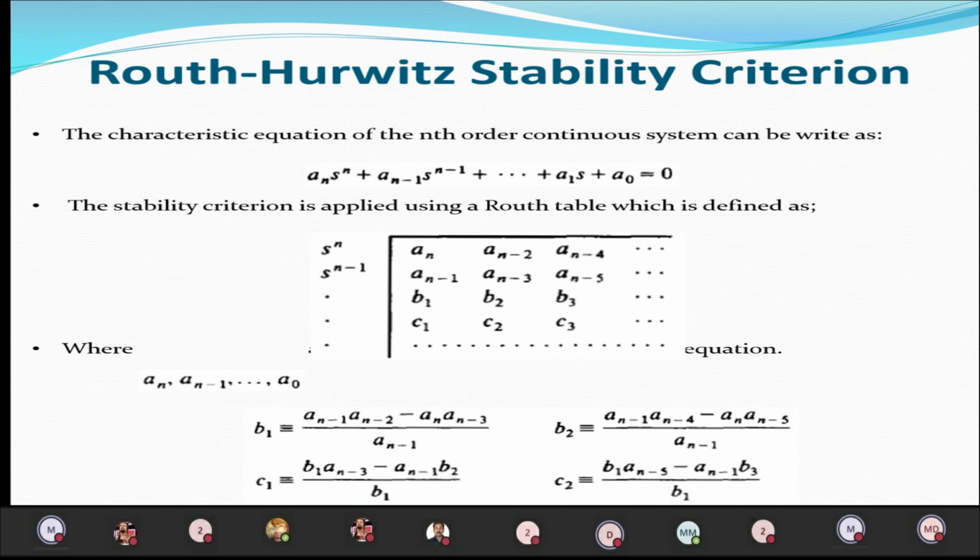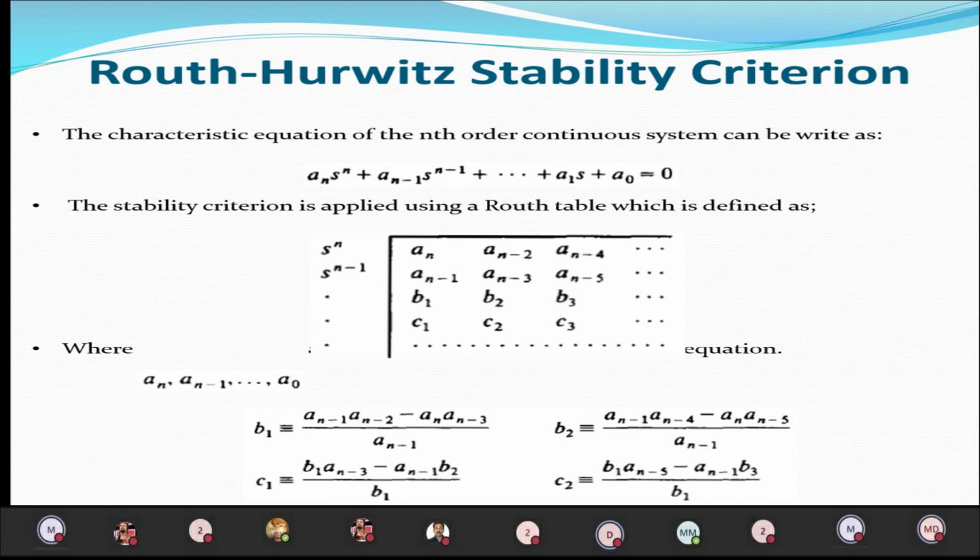That means if you have s power 4, then 4 poles are available in the system. So s power n has been taken, and its coefficient a_n is written over here. Then we look at whether it is an even or odd number. The next decreasing even power will be s power n minus 2.